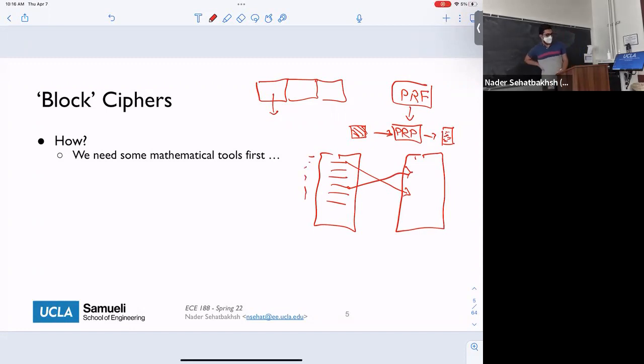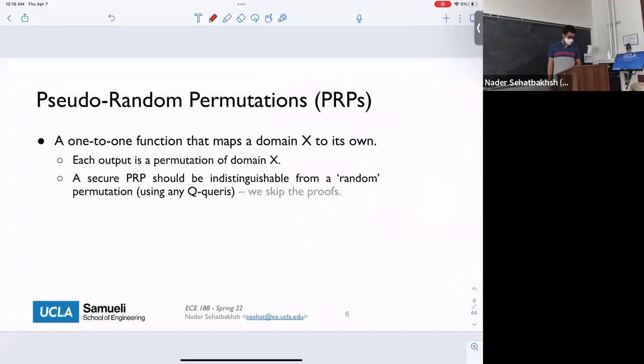All right. And since this is very large, and the number of possible permutations is really large, as I said last time, it's bigger than the number of atoms in the universe. Brute forcing and searching through to find that permutation is not possible. And as I said last time, the requirement is that the PRP should be indistinguishable from a random permutation.